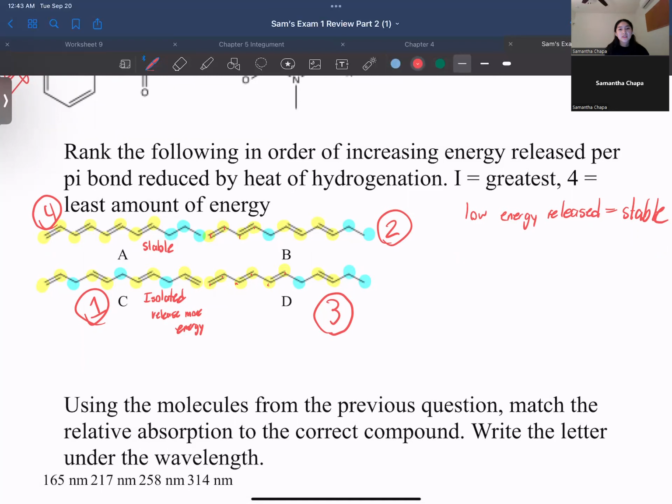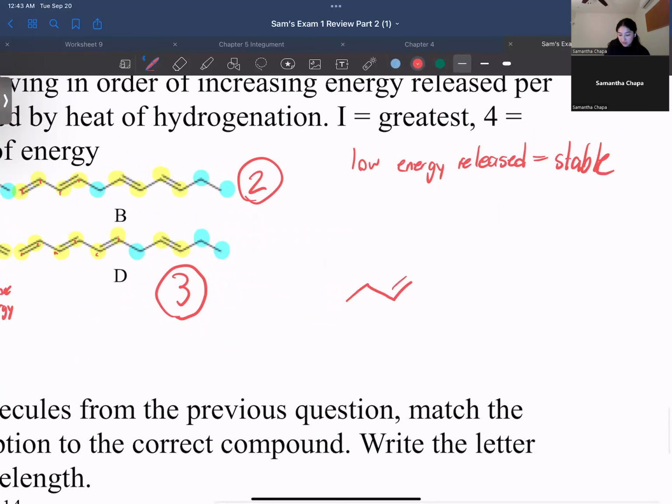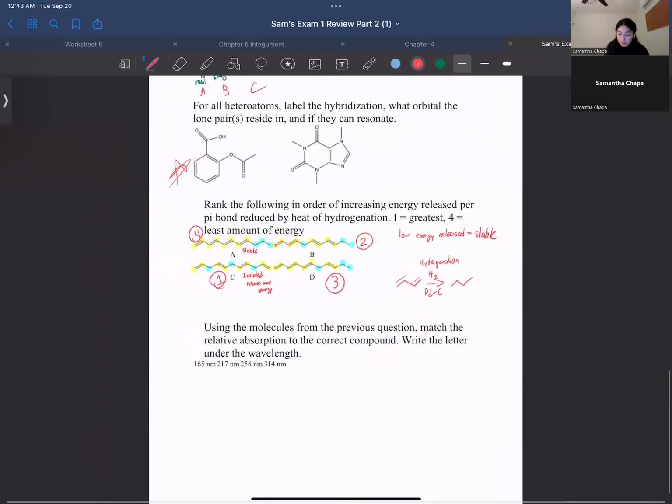And then what heat of hydrogenation means is again the same thing as last time. You have these double bonds, you have H2 palladium on carbon, and that's hydrogenating it, so adding the hydrogens to the double bonds, so that the double bonds go away. So pretty much the same thing as what we did in the first step.